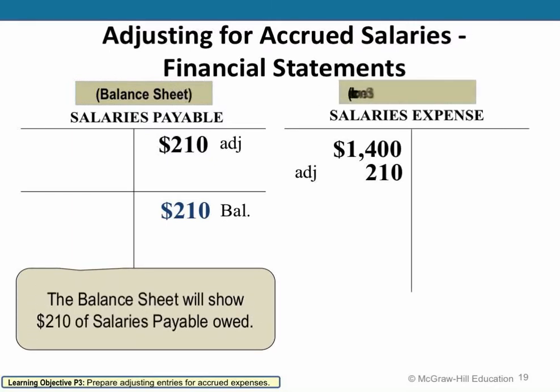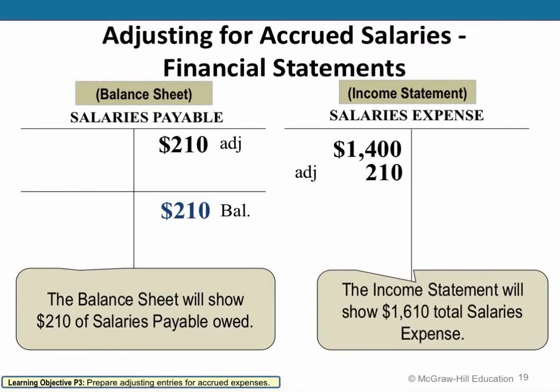So we've got our balance sheet showing $210 of salaries payable and the expense on the income statement. Now once the salaries are actually paid in cash at the end of the week, we'll debit off that salaries payable amount.